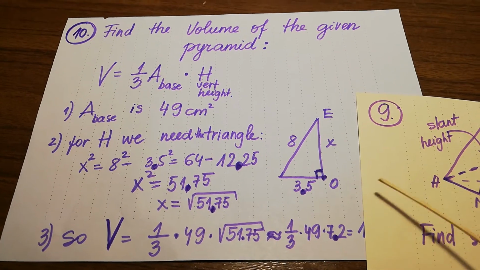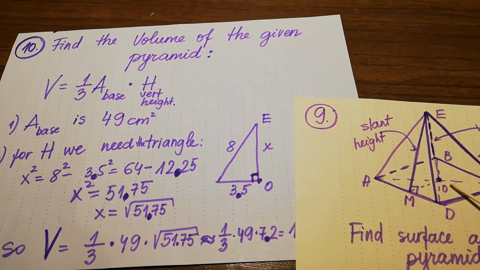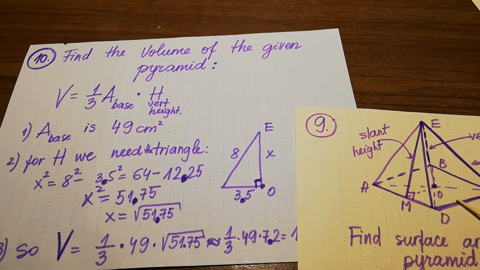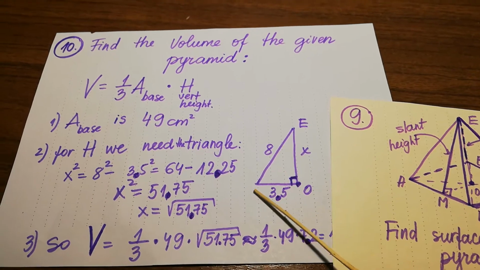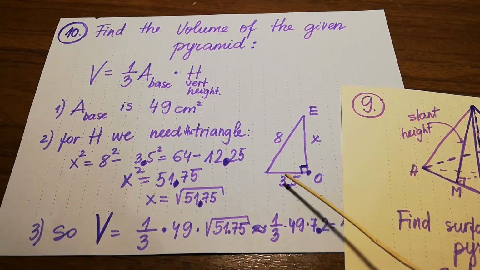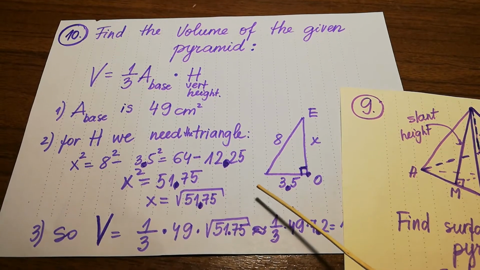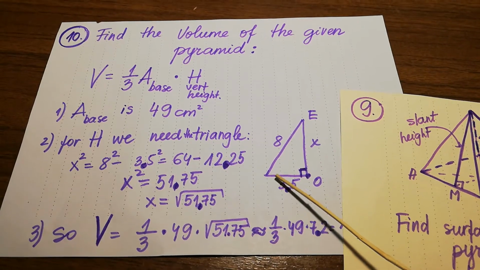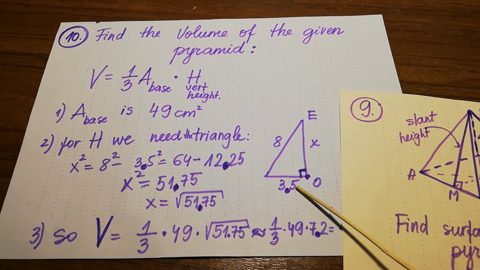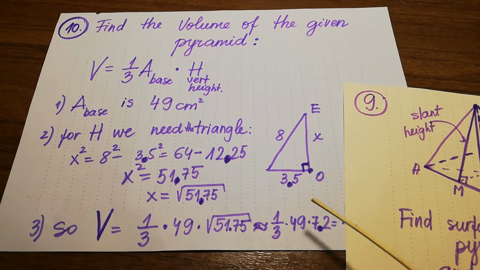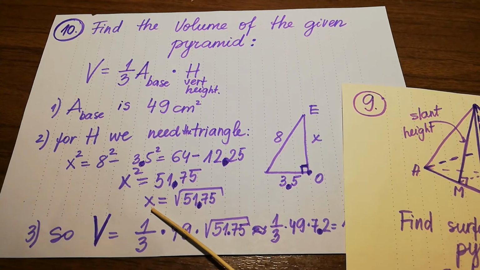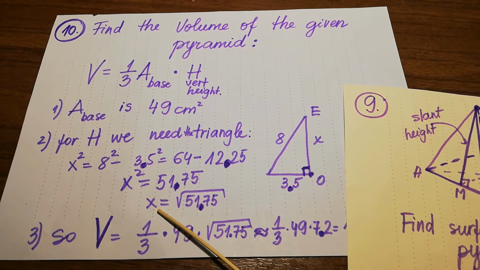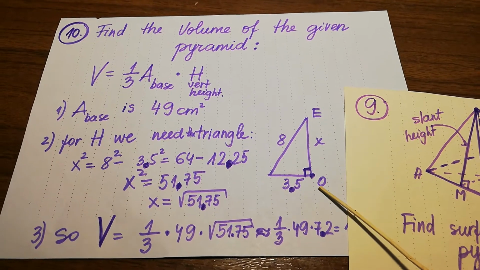This length is, as we see, half of the side or edge of the base. So if the base edge is 7 centimeters, half of it is 3.5 centimeters. So we have found the vertical height.